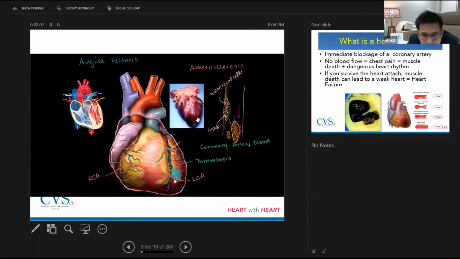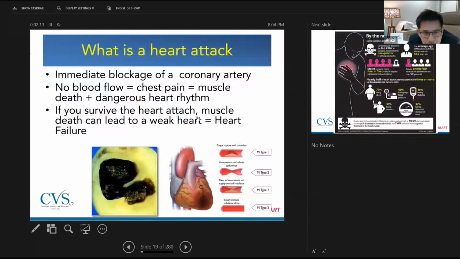Blockages, or arteriosclerosis, are some form of narrowing in your heart. A heart attack is an immediate blockage. No blood flow means chest pains, muscle death, and sometimes dangerous heart rhythm. If you survive the heart attack and hopefully have a normal heart, good, but if not, you might have a weak heart that leads to heart failure.